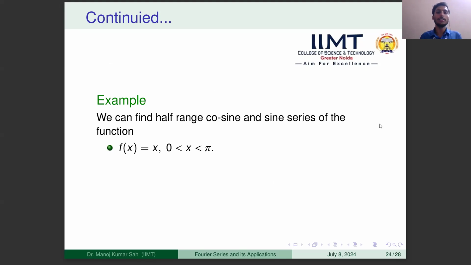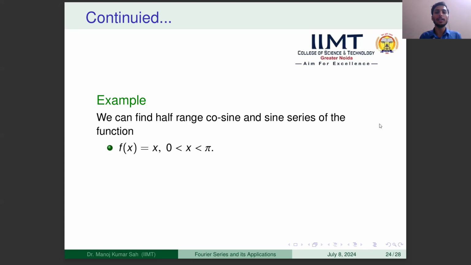Now, here is one example, f of x equal to x in the interval 0 to pi. Here we have the half range 0 to pi instead of minus pi to pi. So in this case, you will find the Fourier cosine series and sine series. For finding the cosine series, what you will do? You will draw a function symmetric about the y-axis, then you will get an even function. After expanding that function, you will get only cosine terms.